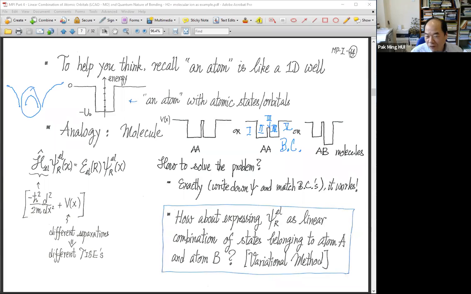I think it's meaningful. So this is one way to do it. If you follow what I'm saying, that method simply means you take this problem as an entirely new QM problem.